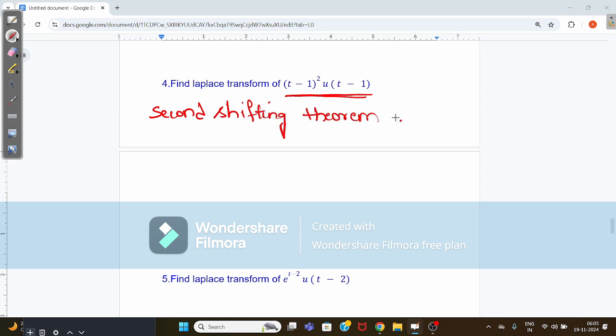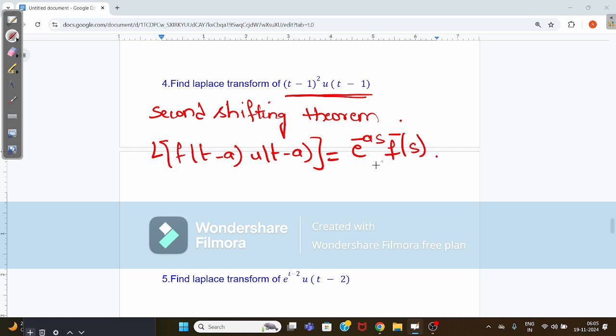By the second shifting theorem, we can write L of f of t minus a u of t minus a equals e power minus as f bar of s. Here the value of a is 1 and f of t is t square.